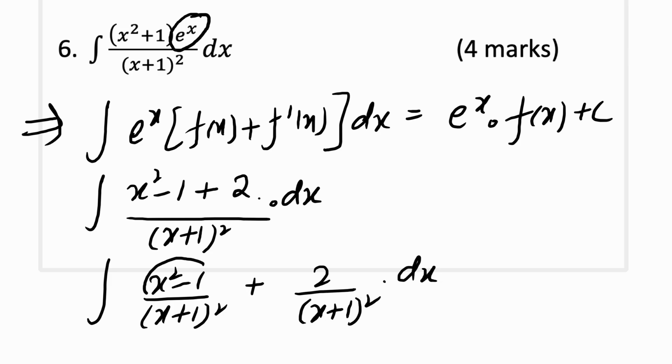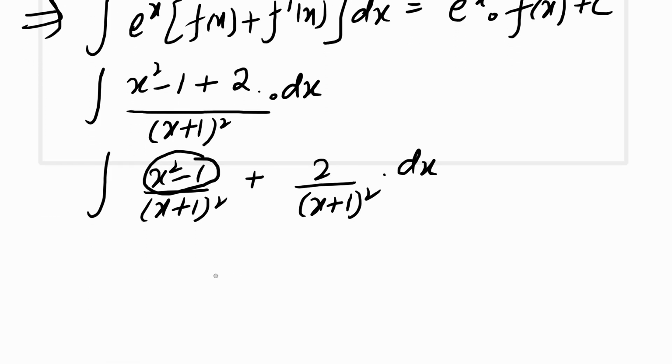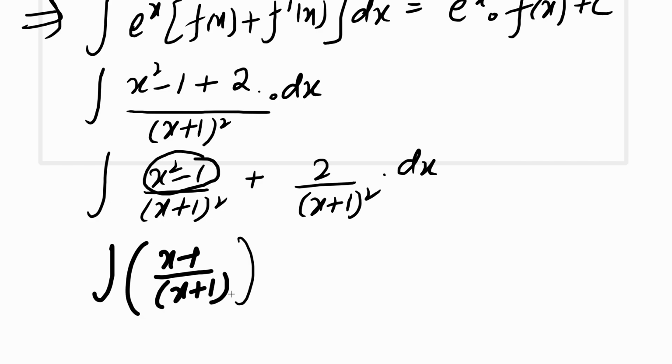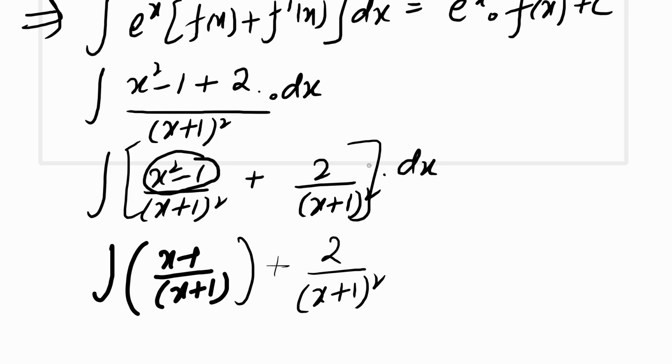Now see, this is a square minus b square. So what will I get? x minus 1 upon x plus 1, and there I will get 2 upon (x plus 1) whole square, and I forgot to write it over here, e to the power x. The whole thing is with e to the power x dx.